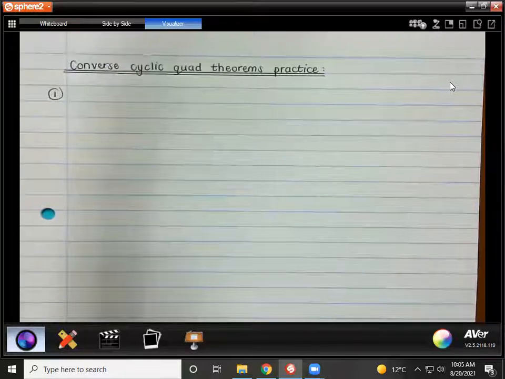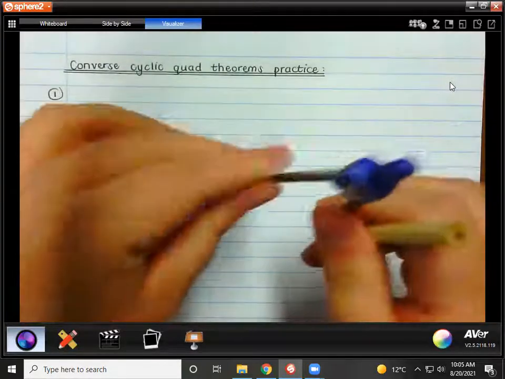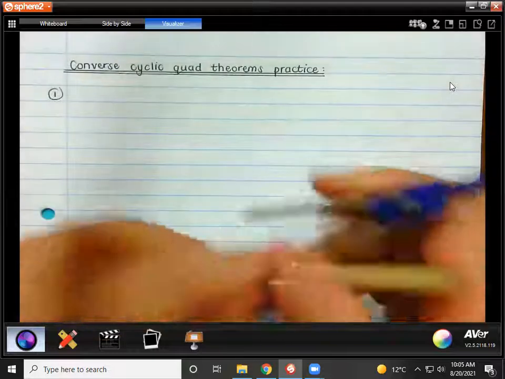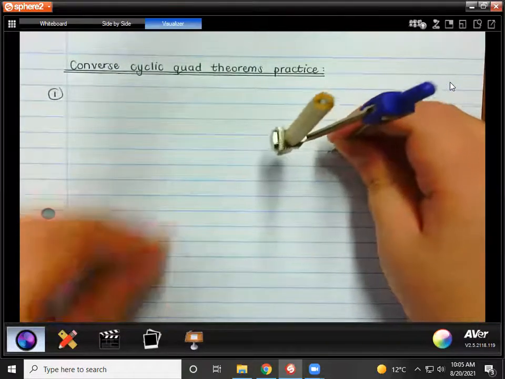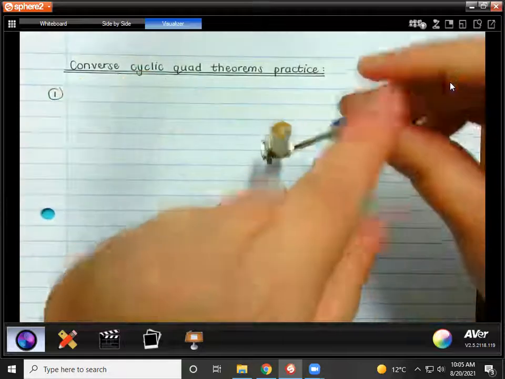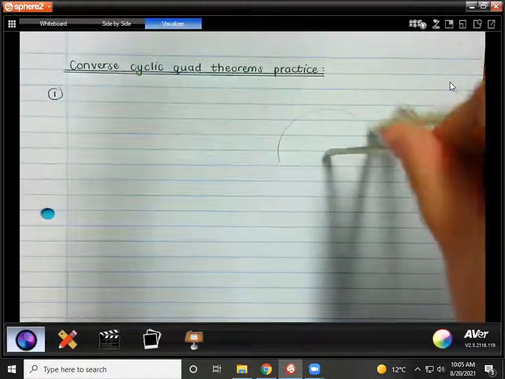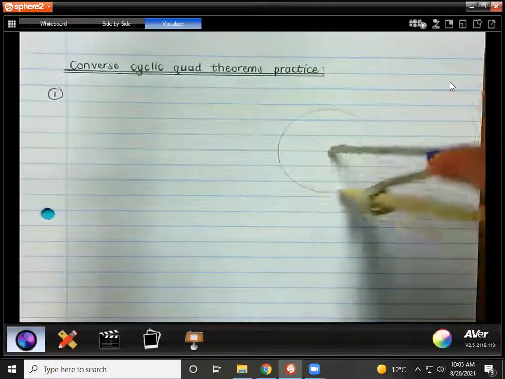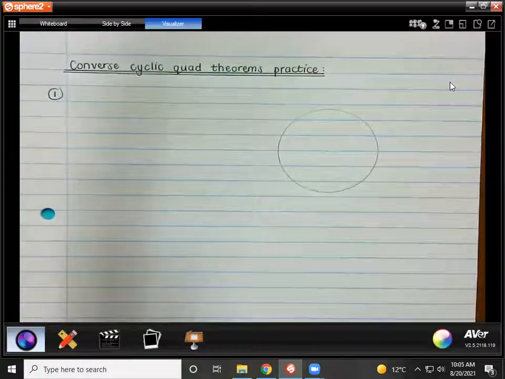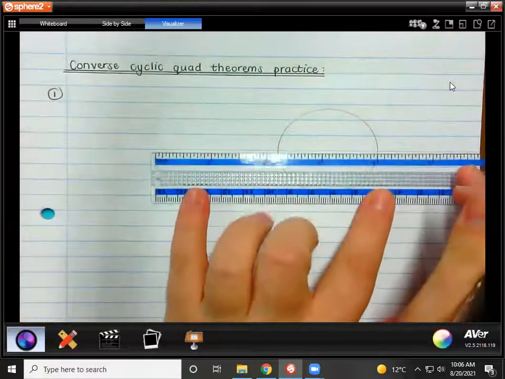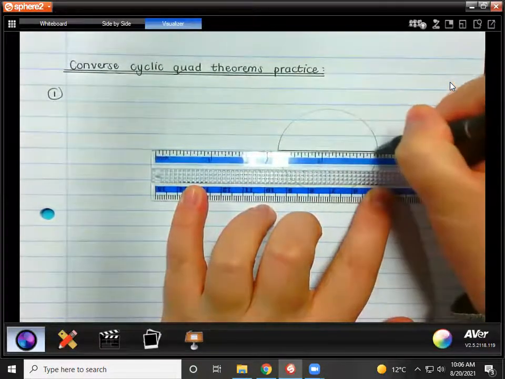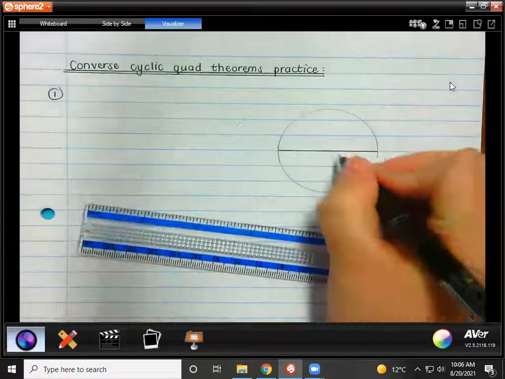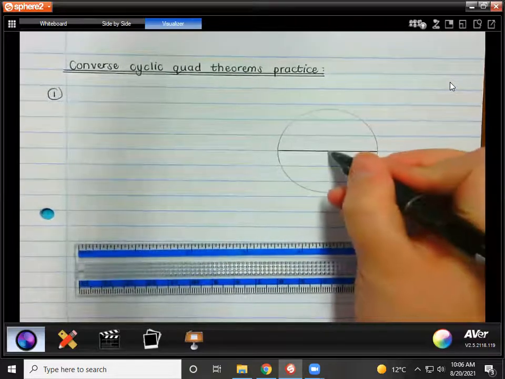Okay, you can obviously just use a print thing if you want for the circle, but I'm just going to draw it using this. Oh, now I lost my center.